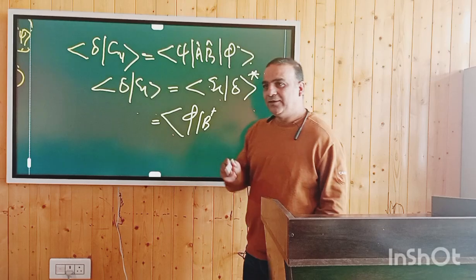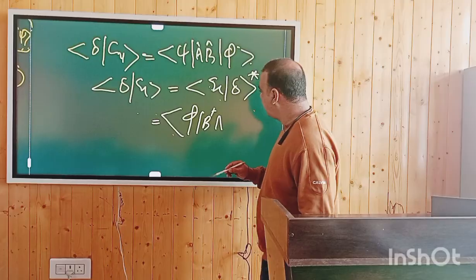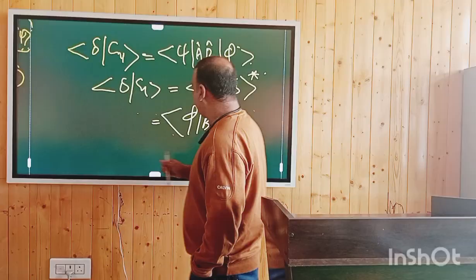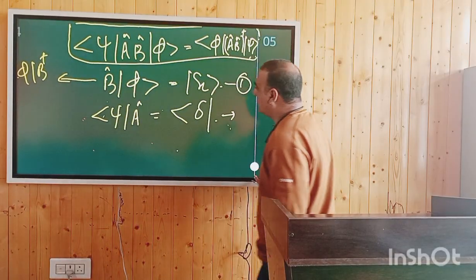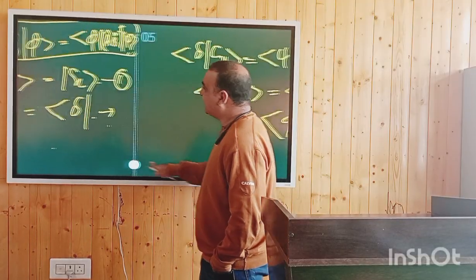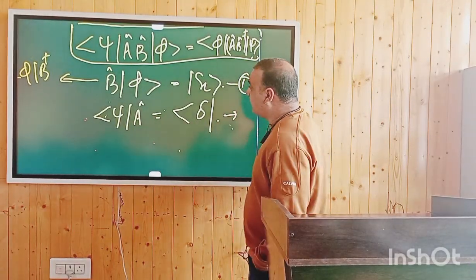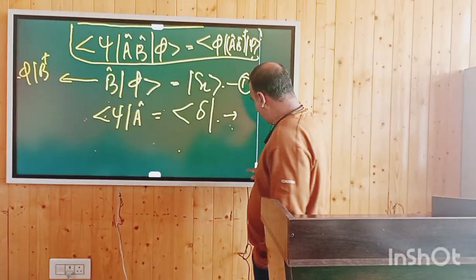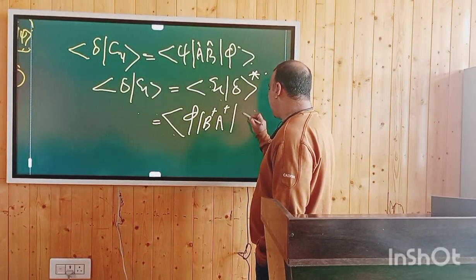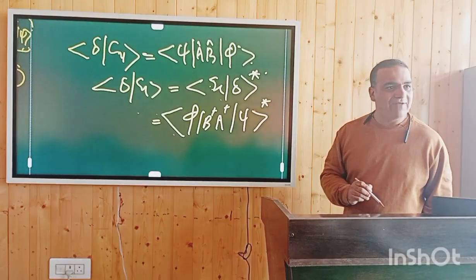And for delta I will write ket psi. For delta it is psi A, but what will be its opposite? It will be A dagger psi. So to make it a ket, it will be A dagger and psi. Am I right? Should I write star here? The star is there? Fine.